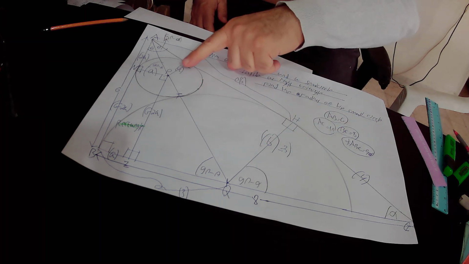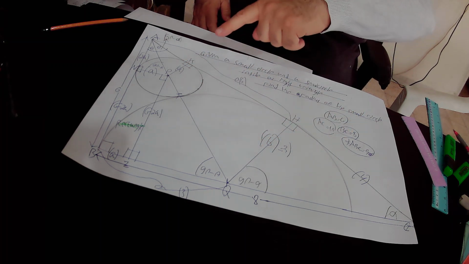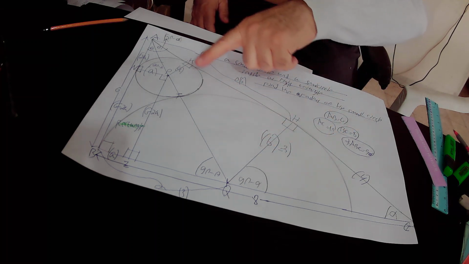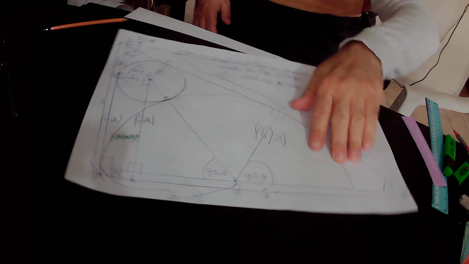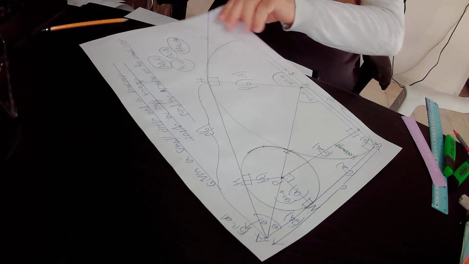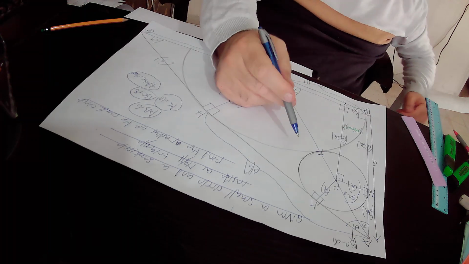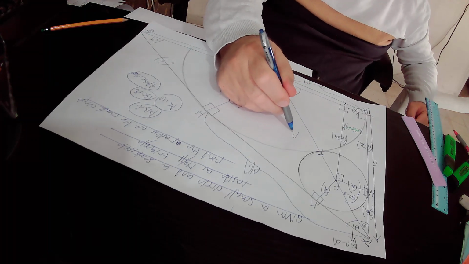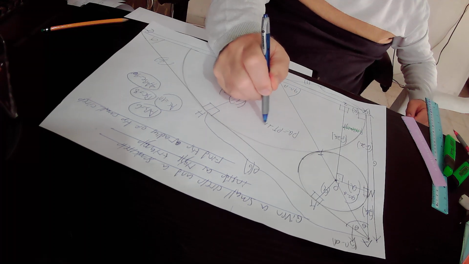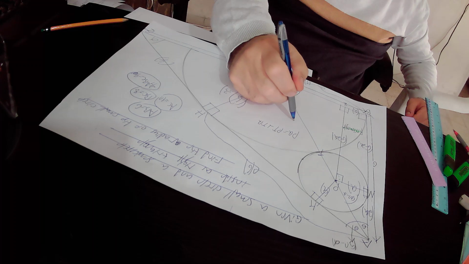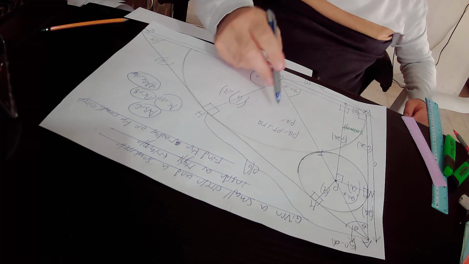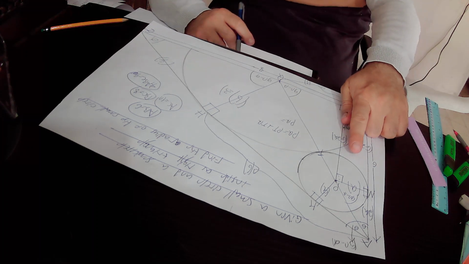So what is the length of the straight line PQ? Because PTQ is a straight line, PQ must be equal to PT plus TQ. So I'll write it down. The length of line segment PQ equals PT plus TQ according to rule 10. PT is the radius of this small circle.